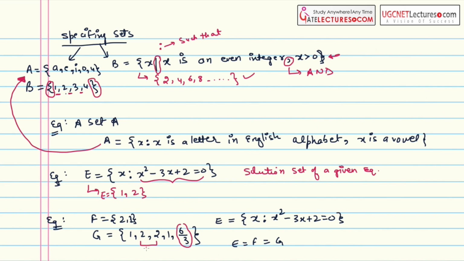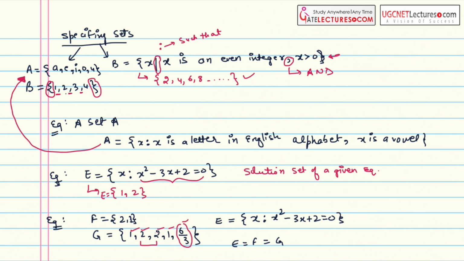Generally, a set does not contain duplicate elements. Even if I am listing these many elements here, the number of elements is 1, 2, 3, 4, 5, but actually this set is only going to contain 2 elements, which are 1 and 2. So we can say the set does not depend on the way in which the elements are displayed.